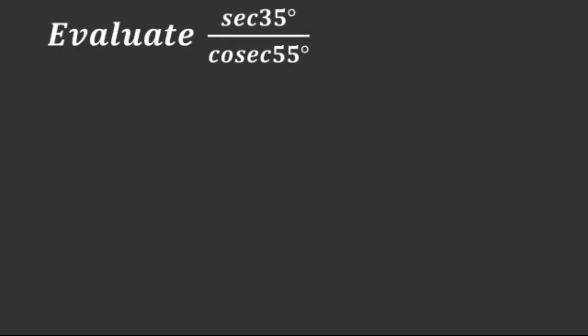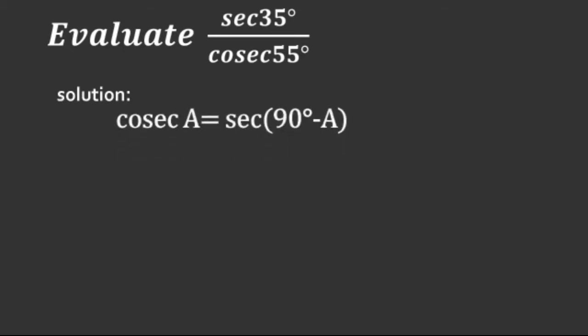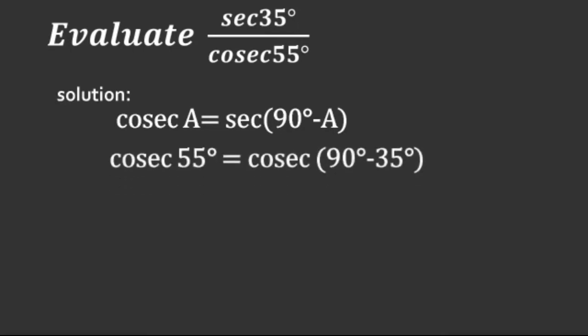Evaluate secant 35 degrees by cosecant 55 degrees. Solution. From trigonometric ratios of complementary angles, cosecant A is equal to secant 90 degrees minus A. Cosecant 55, we can write cosecant 90 minus 35 because 90 minus 35 equal to 55.